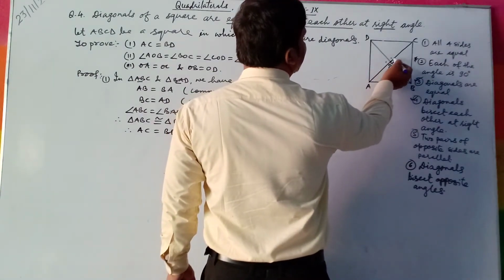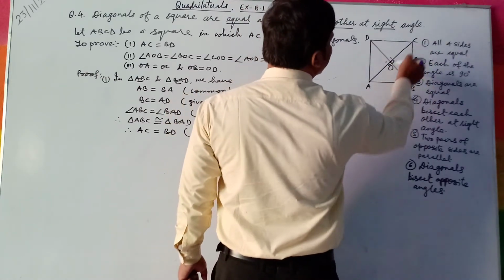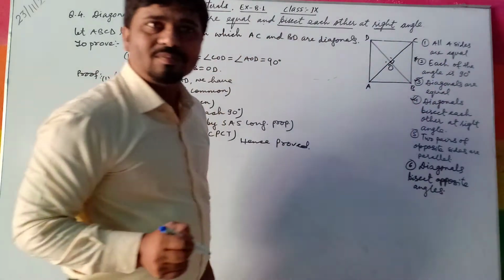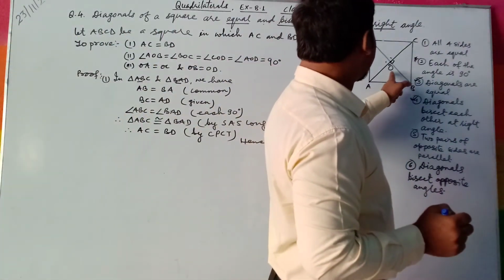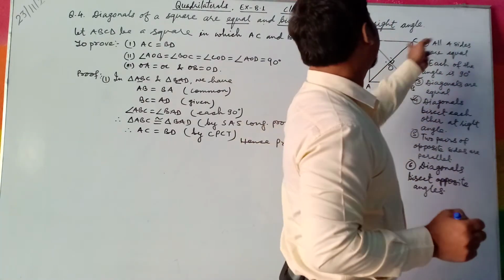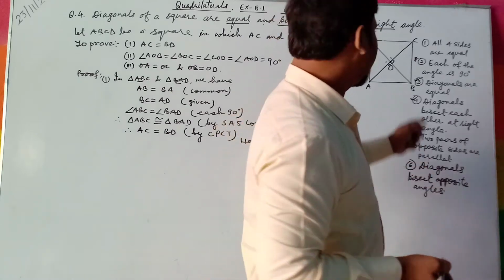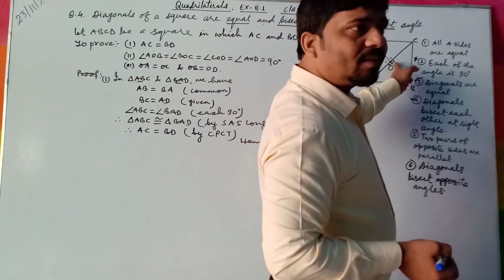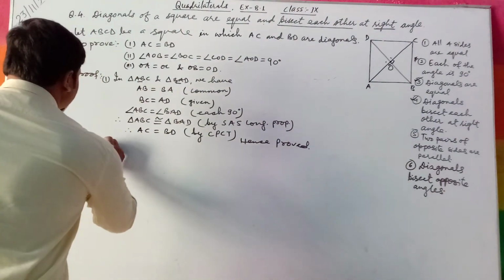These angles are in triangles AOB, BOC, COD and AOD, so we will take triangle AOB and BOC, or COB, anything. Then these two angles will come there. So start. Now this is the second number.